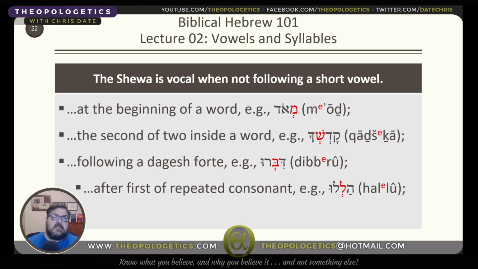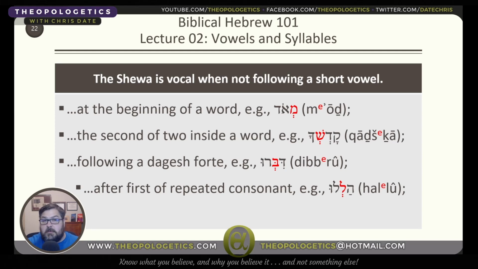Also, if it follows the first of a repeated consonant, and this is really the same thing as the previous rule, except that sometimes you don't have a dagesh forte in the doubled consonant. It's actually doubled, written twice. Here's an example, hallelu.